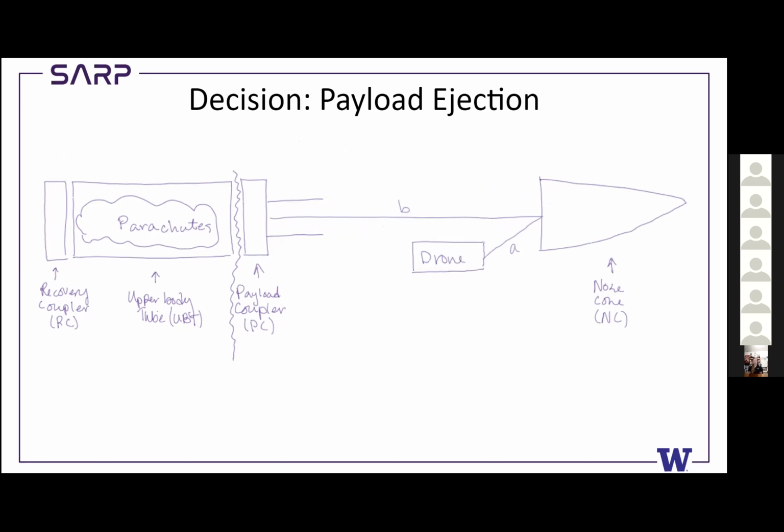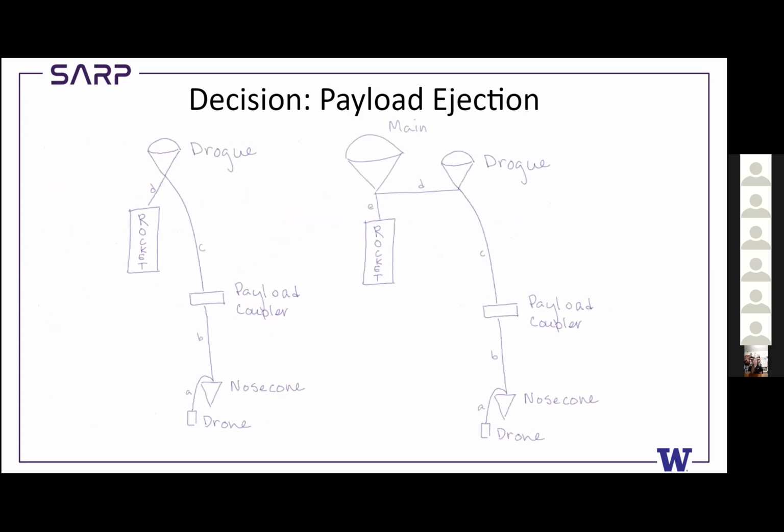And the slide after that shows how it would look under steady state. The drone would not actually deploy from its little box until we were under steady state descent with the drogue, but there's still a lot of question marks. These are just some options, and we're still working on what's best.